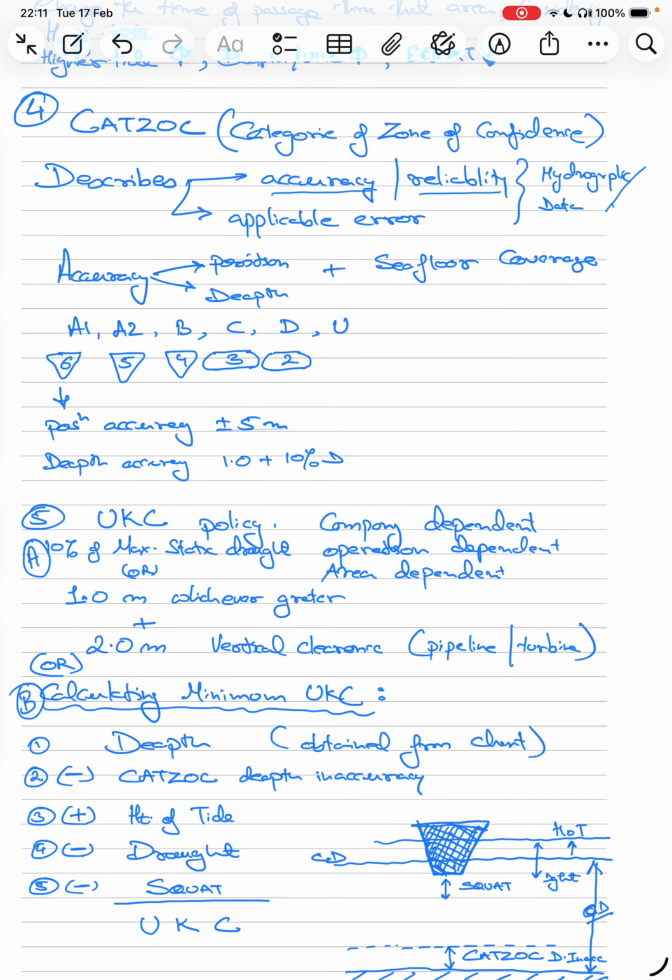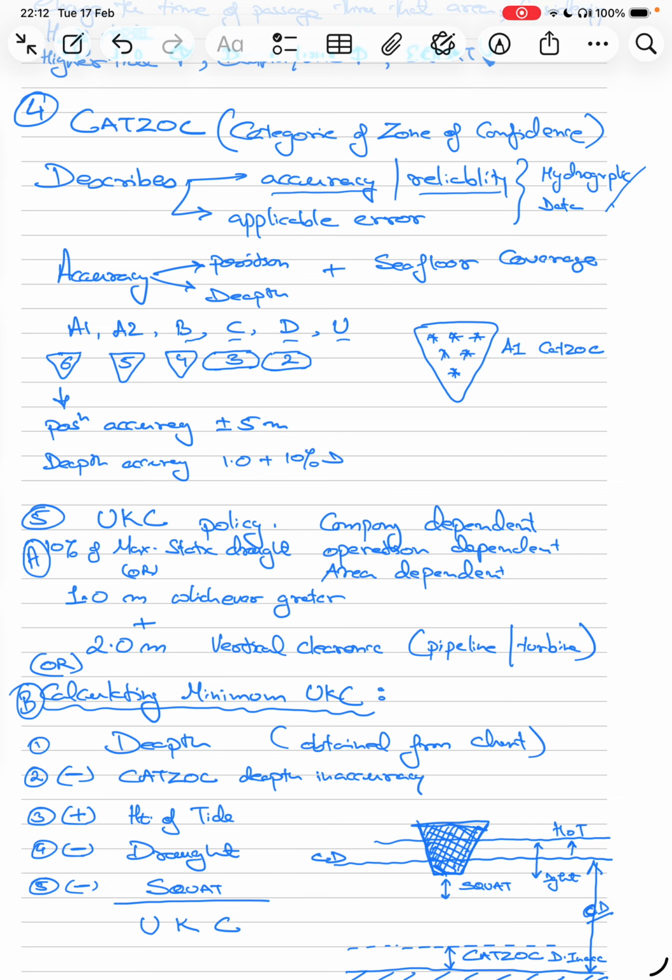They have been divided into A1, A2, B, C, D, and U. Now, A1 is like this kind of triangle, with six stars on the axis. This will be the A1 CATZOC.